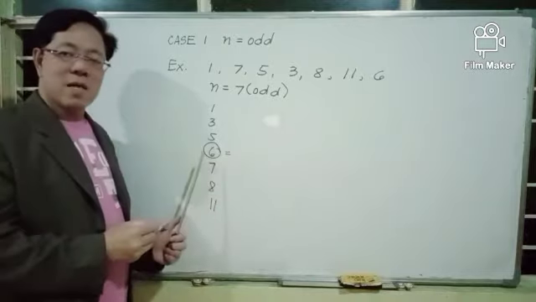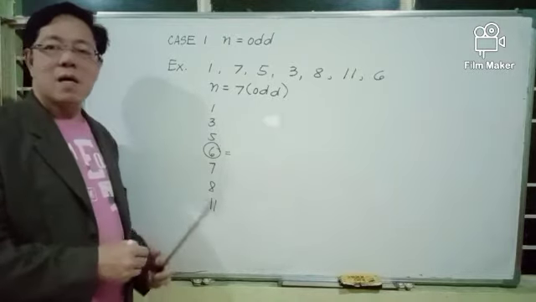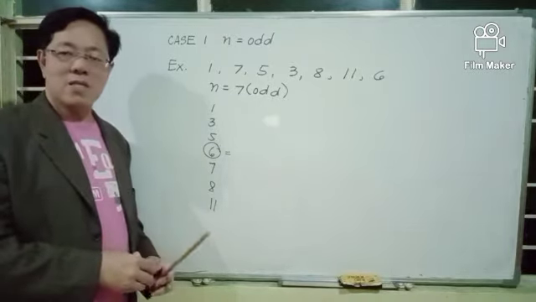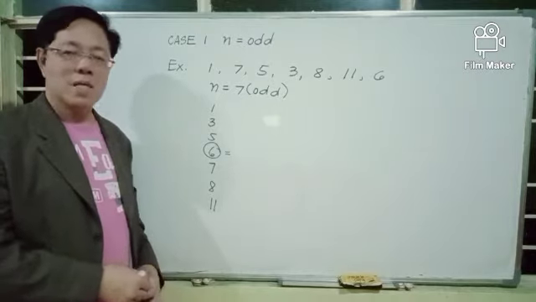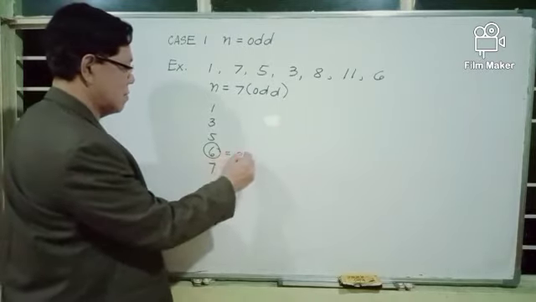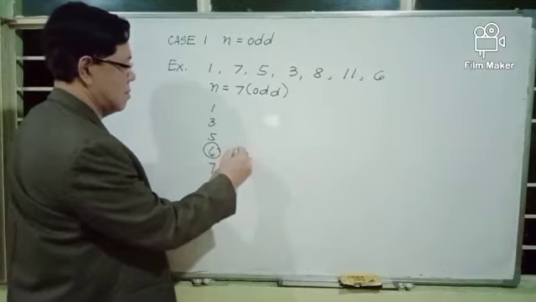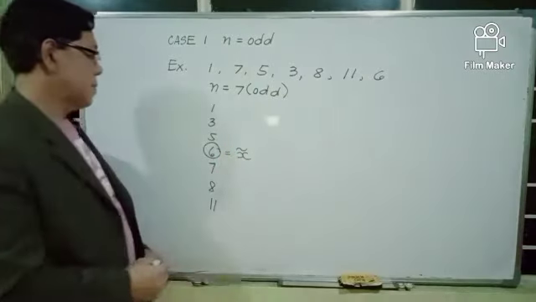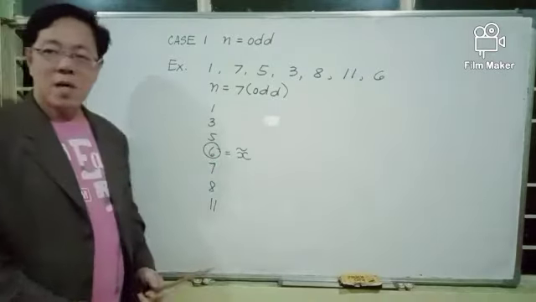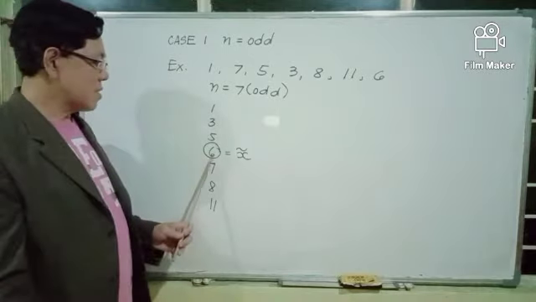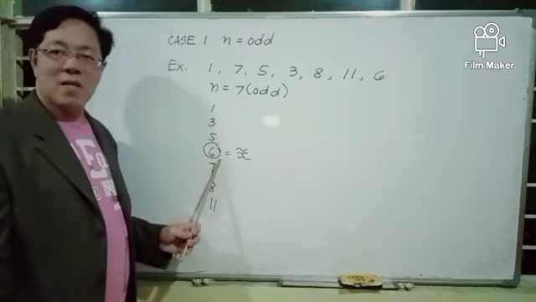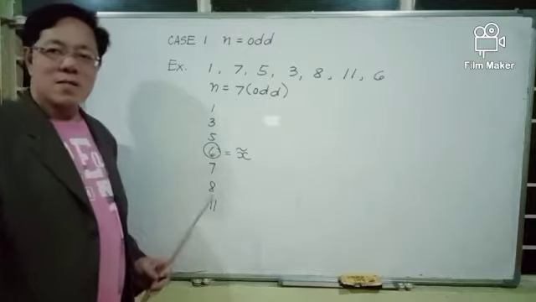And this value exactly at the center of this set of data arranged in ascending order is already the median. The median is 6.